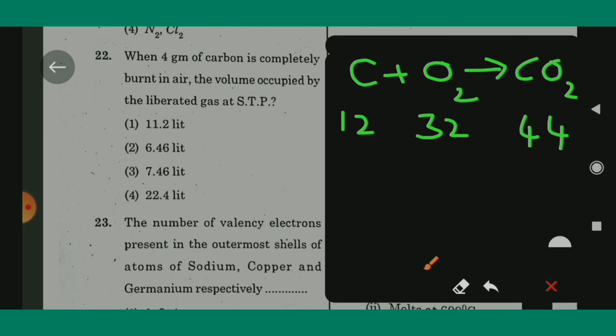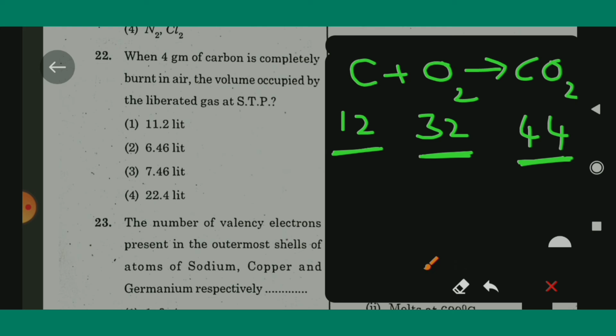Why? Because the atomic weight of carbon is 12 and oxygen is 16, so O2 means 2 into 16, that is 32, and for carbon dioxide, C is 12 grams and O2 is 2 into 16, that is 32, 32 plus 12, that is 44 grams. So 12 grams of carbon combines with 32 grams of oxygen to get 44 grams of carbon dioxide.